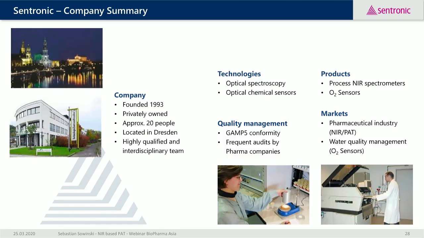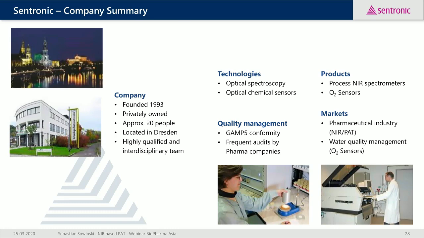One is the optical chemical sensors, where we developed and produce oxygen sensors for dissolved oxygen with the main market in fish farming. The second business unit, and that's the one I'm going to talk about today, is optical spectroscopy.